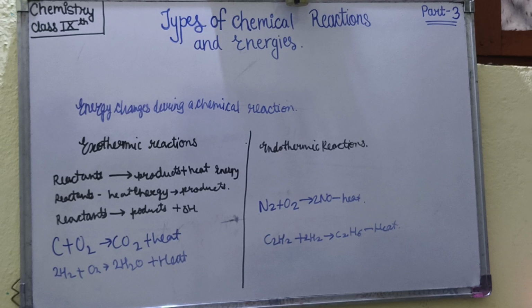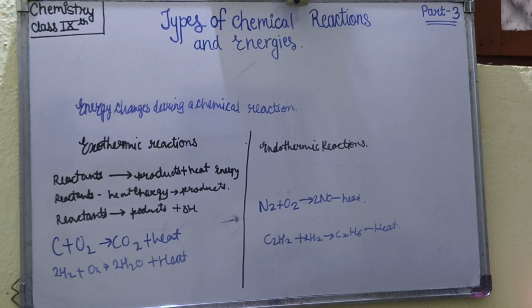If the total bond dissociation energy of all the bonds of reactant molecules is more than the bond energy of the bonds in the product molecules, then the energy absorbed during the breakage of the bonds is more than the energy released during the formation of new bonds.